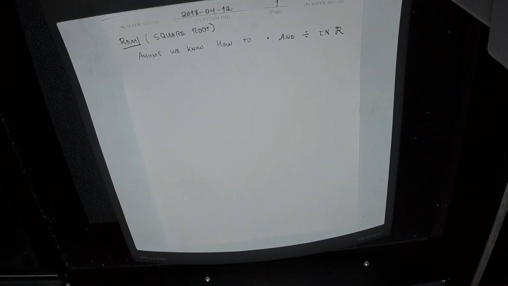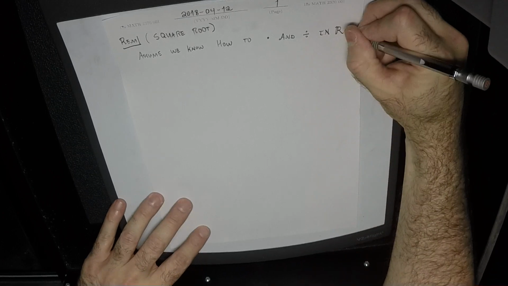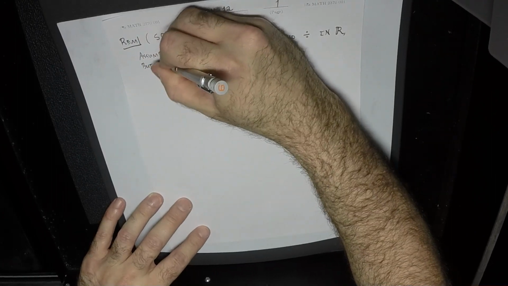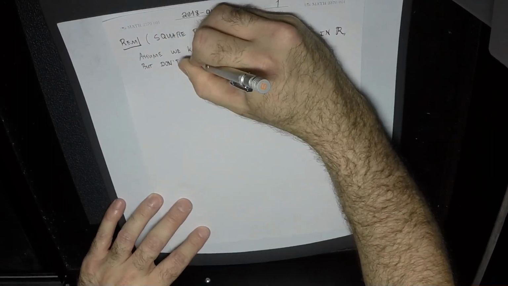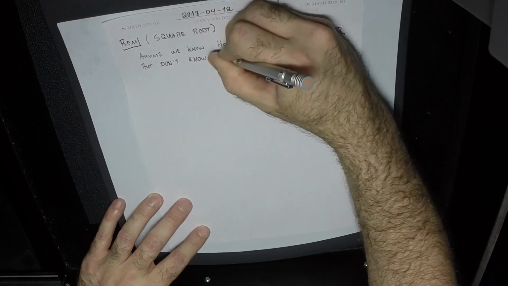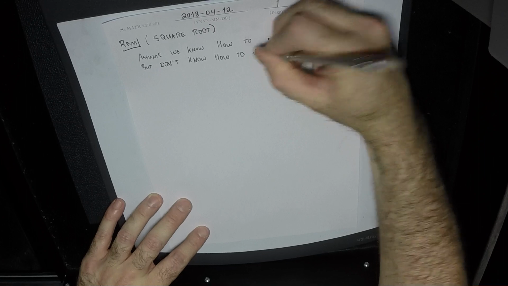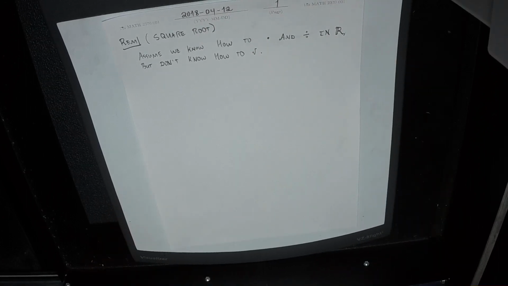And if we know how to multiply and divide, obviously we know how to add. So we're going to assume that we know that, but we don't know how to do square root.